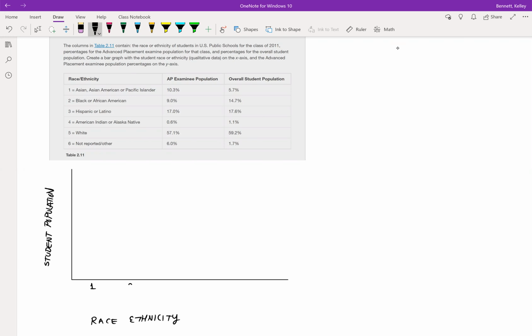We have 2, that represents our Black or African American. 3, Hispanic or Latino. 4, American Indian or Alaska Native. 5 is white. And 6 is not reported or other.